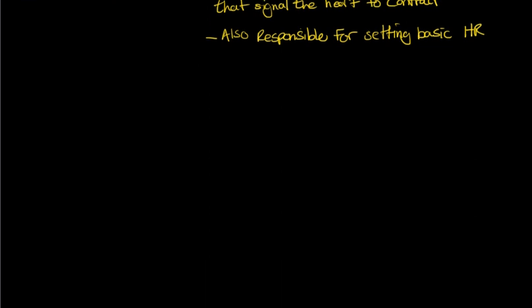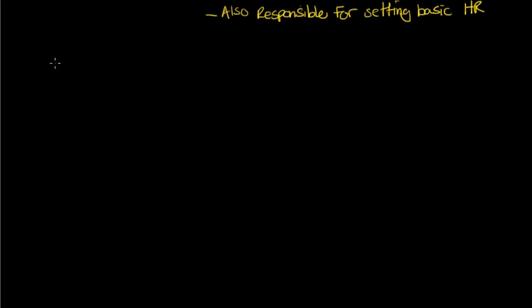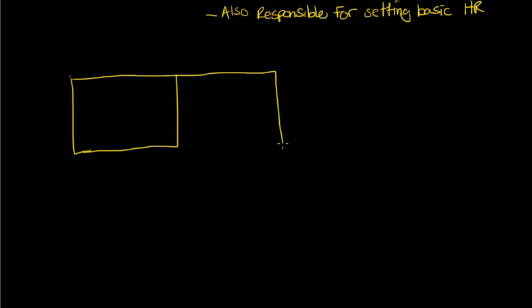So let's start with a pretty rudimentary sketch here of the chambers of the heart. So we'll draw the two atrium here. Like I said, this is going to be rudimentary. And the two ventricles down here.